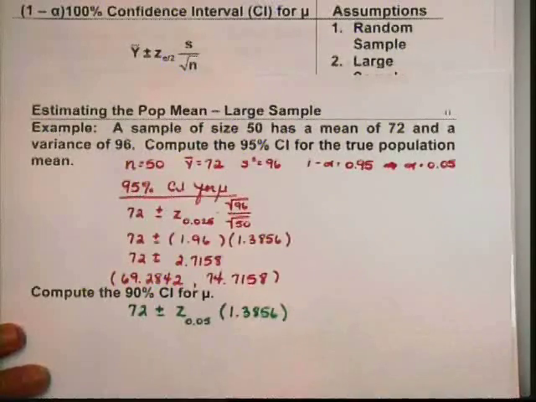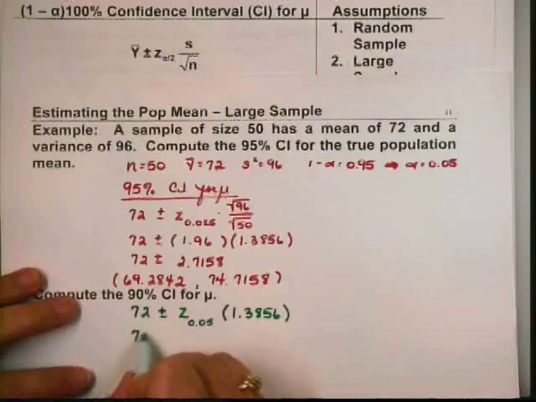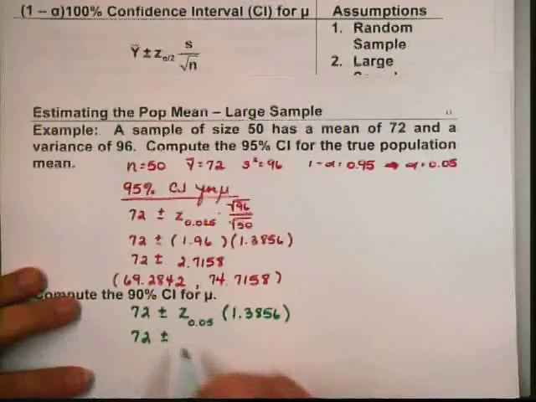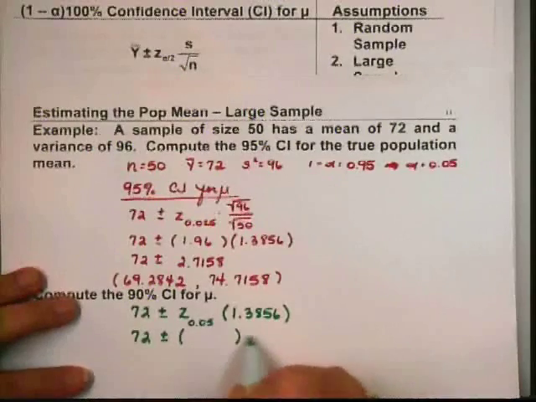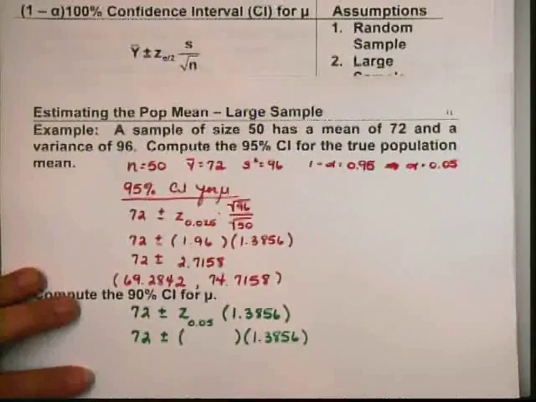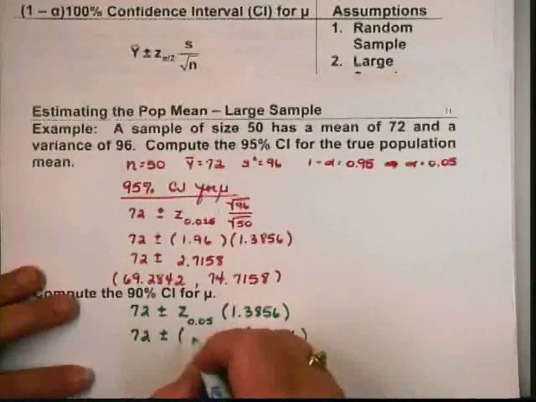So the mean and standard error didn't change. Only our confidence changed. A z-score that determines a right-hand area of 0.05. A couple of these you're going to start to recall without having to look up. 1.645.